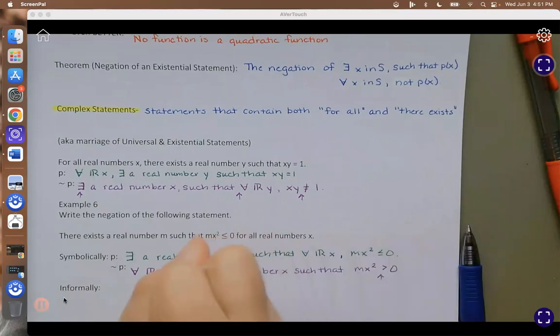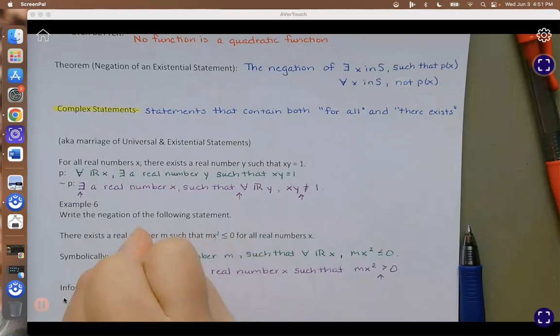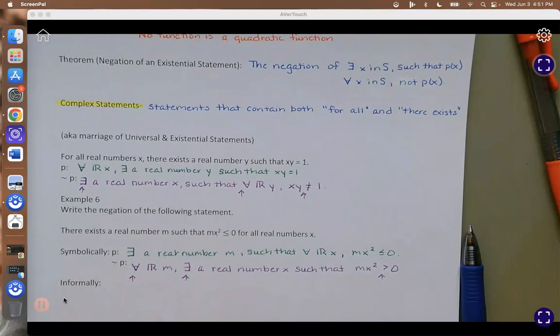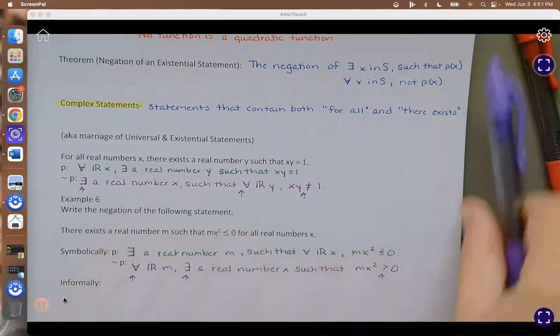So we change 1, 2, 3. So how would we read this informally?